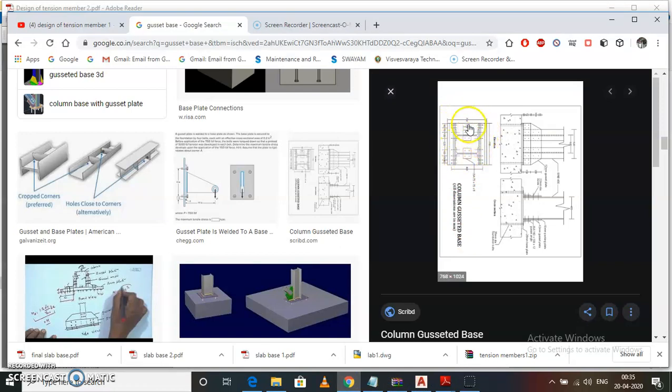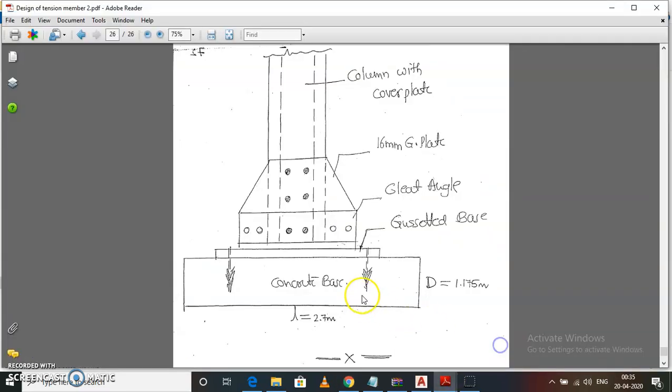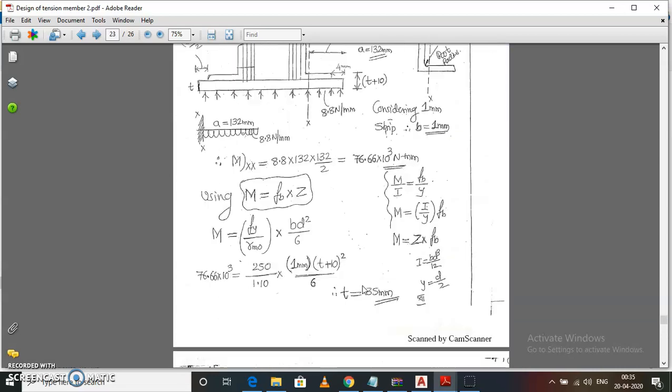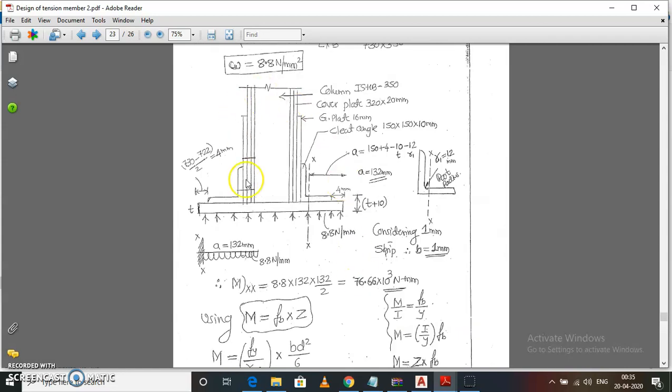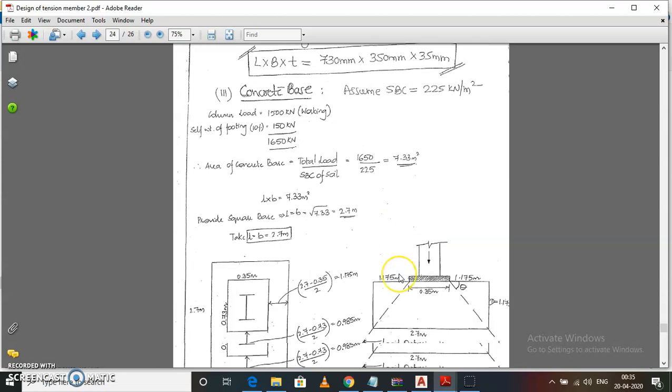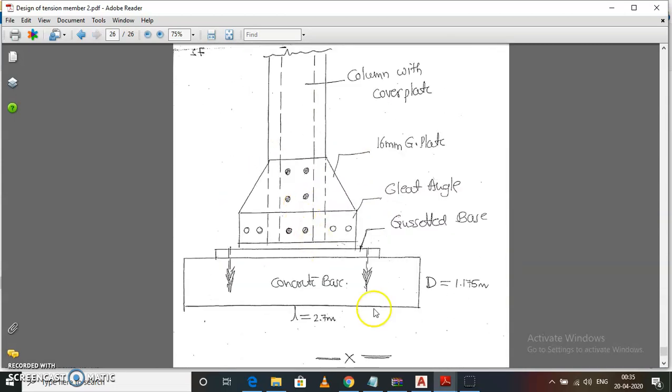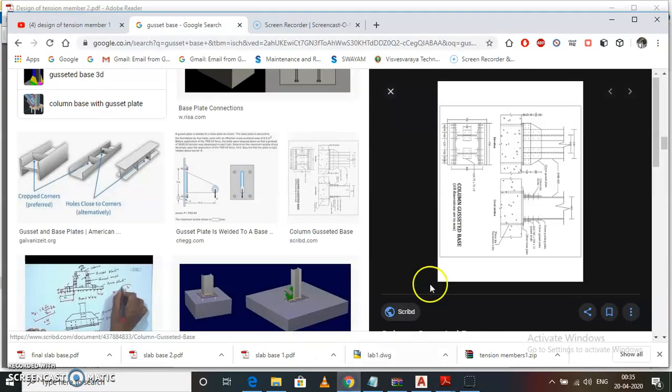Refer to this diagram and write down the plan. The front view is already written in the previous page. So this is the front view and the side view is this one, the side elevation. You try to write down the plan by referring to this diagram.